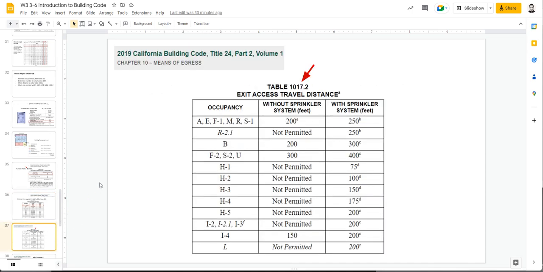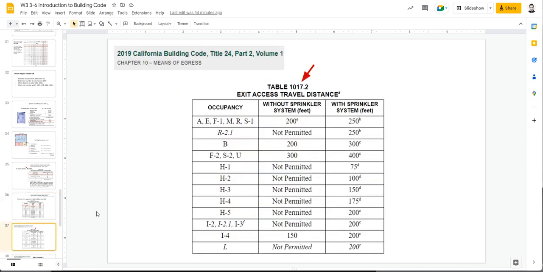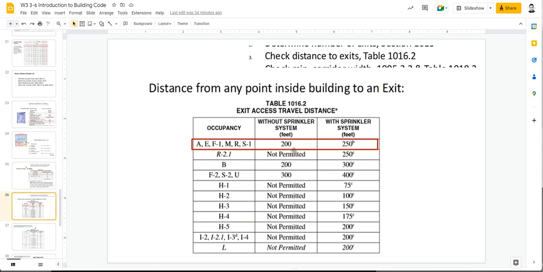Okay, now in the California 2019 building code, the table has moved. Before it was in 1016.2, which is an older code. Now the code is found under 1017, and it's still the same. The reason I'm showing you this is if you look at this table and this table, they're basically the same.